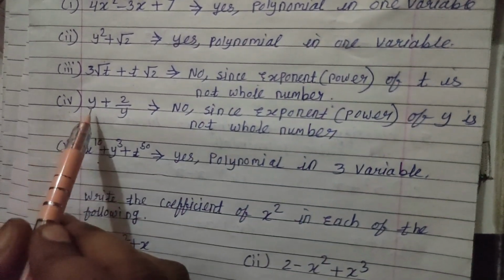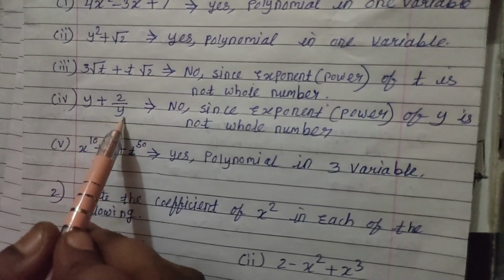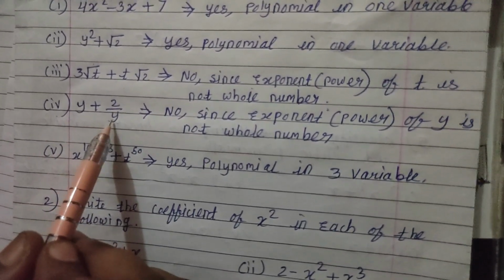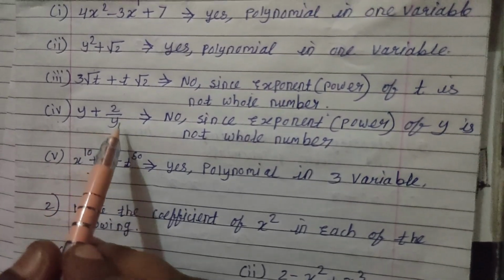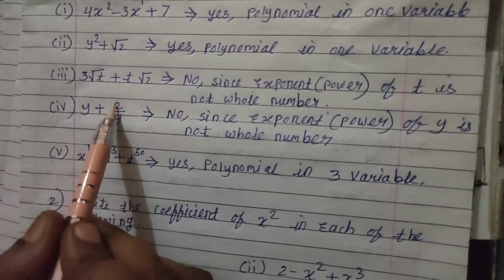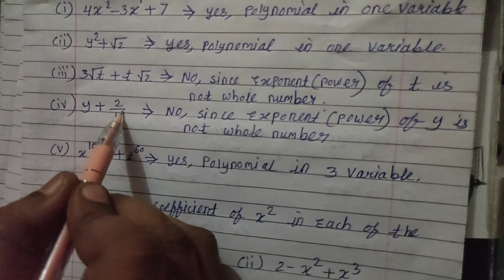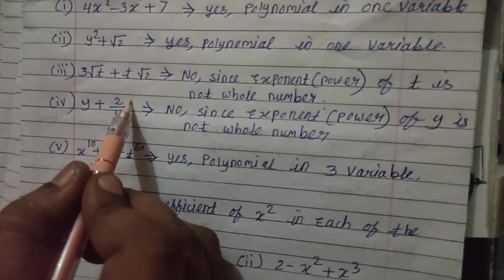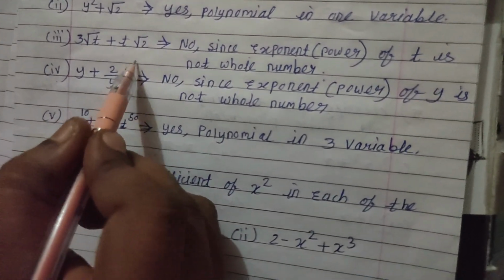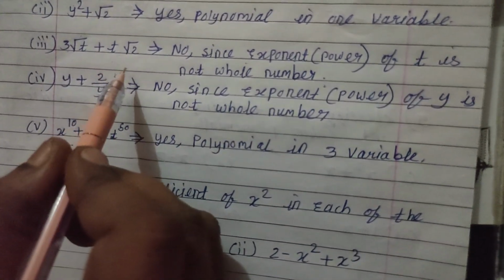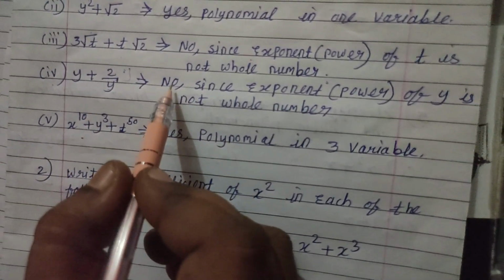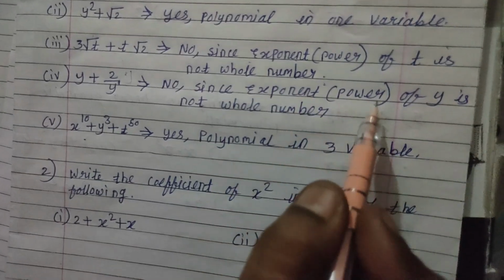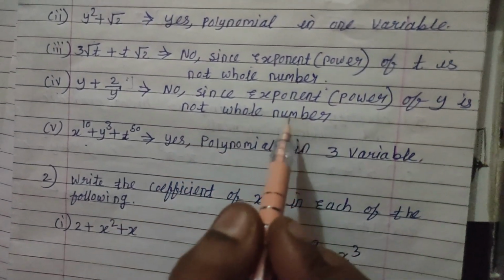Then here fourth one, y plus 2 upon y. This is also not a polynomial, because here y is in the denominator. Here power will be 1. If I take this in the numerator, it will become y raised to power minus 1, and minus 1 is not a whole number. That is why no, since the exponent or power of y is not a whole number.